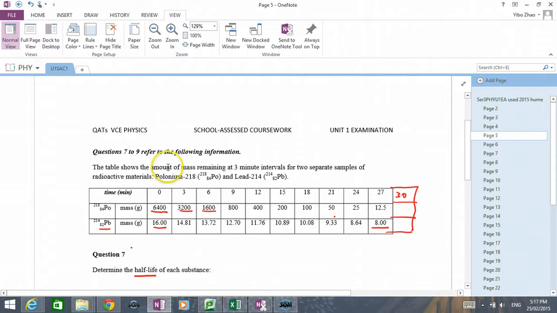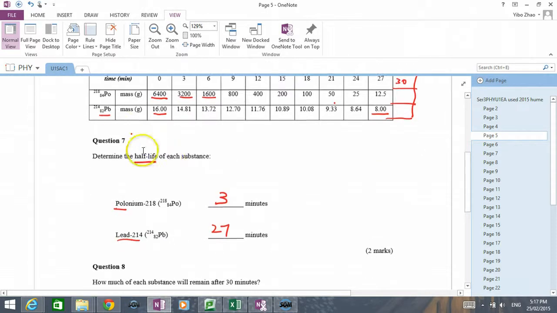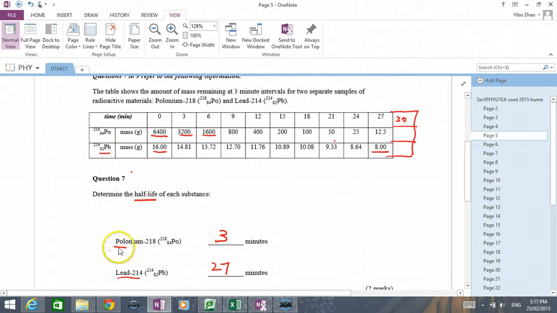Because the half-life of polonium-218 is 3 minutes, after 27 minutes, 3 minutes later, it's going to be halved.